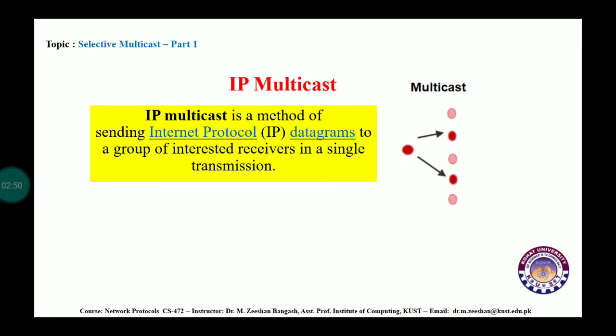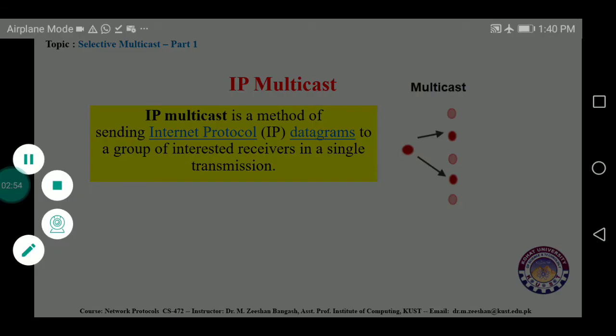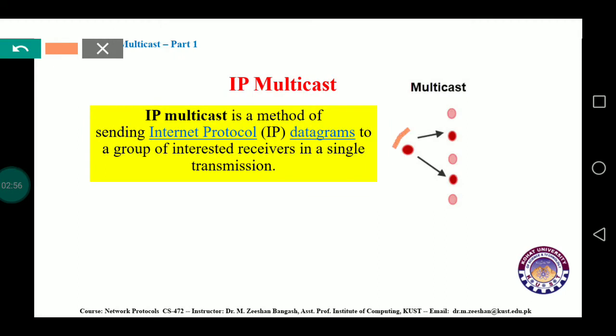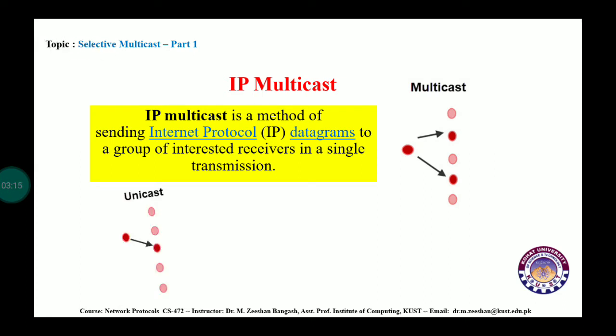This is the diagram for a multicast operation, in which you can see that the sender, while sending any IP datagram, submits it to multiple receivers in a single transmission. However, in case of unicast, there is a point to point transmission between two nodes.